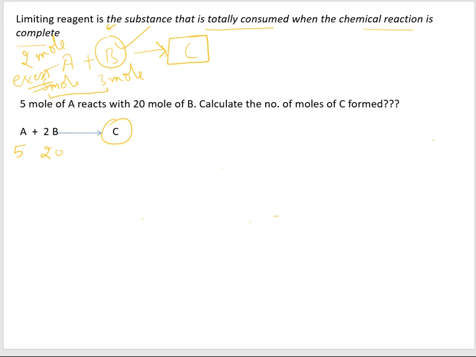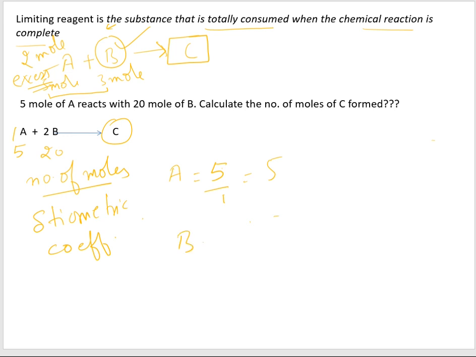So an easy way to find the limiting reagent is to divide the number of moles by the stoichiometric coefficient. This is the formula for finding the limiting reagent. For A, the number of moles is 5 upon the stoichiometric coefficient 1, which is 5.